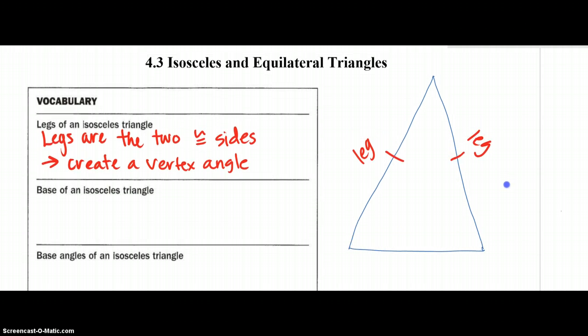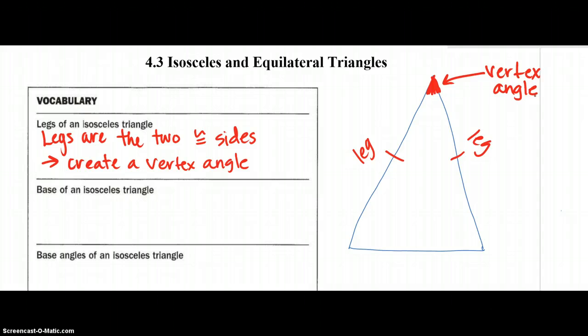So over on our picture, this angle right here is the vertex angle. So we have two legs of the isosceles triangle, and then we also have the base.